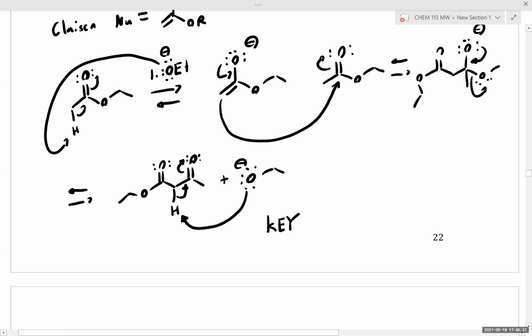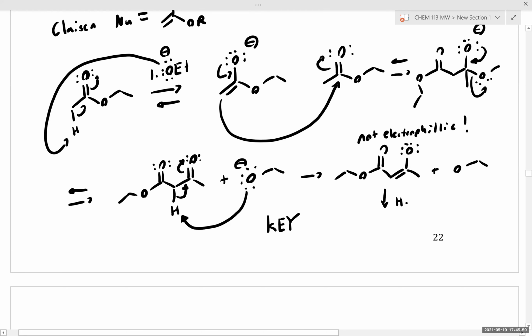In this key step, our ethoxide deprotonates our alpha position and we generate an enolate. This enolate is not electrophilic. Finally, if we treat with H3O+ during the quench, we can just protonate our alpha position, and that gives us our neutral isolable product.